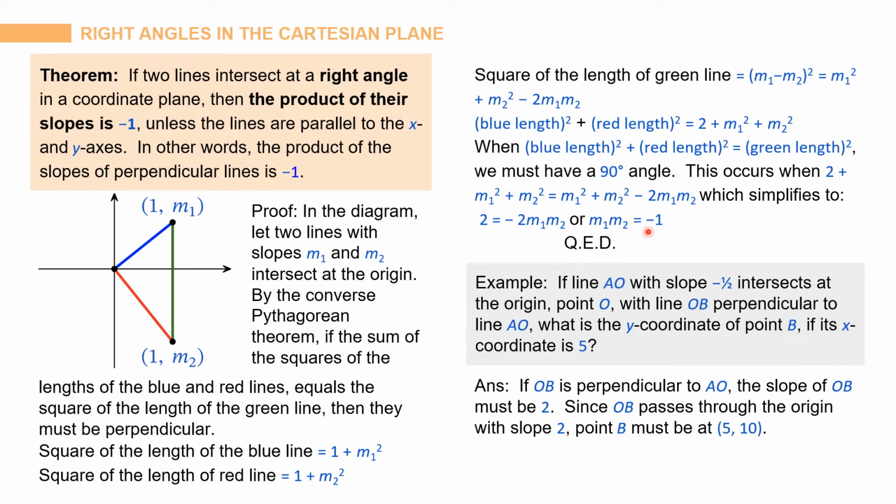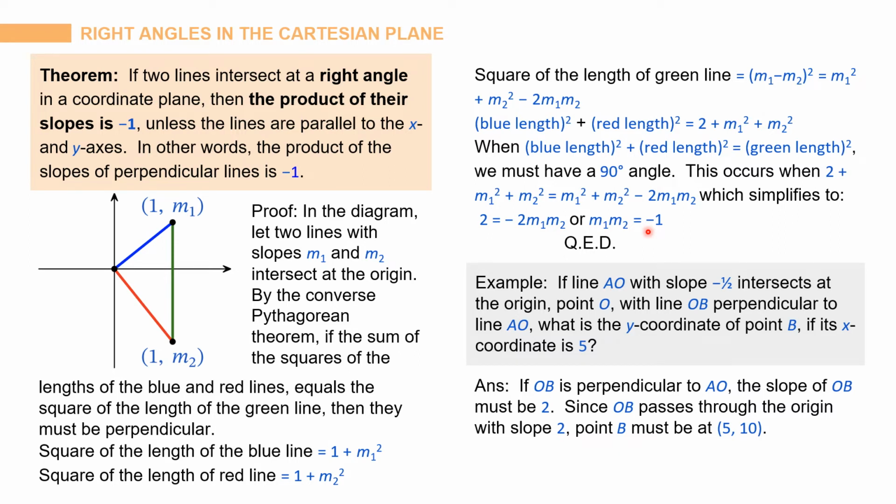So let's look at an example that might show up on a contest. Line AO with slope -1/2 intersects at the origin, point O, with line OB perpendicular to line AO. What is the y coordinate of point B if its x coordinate is 5?